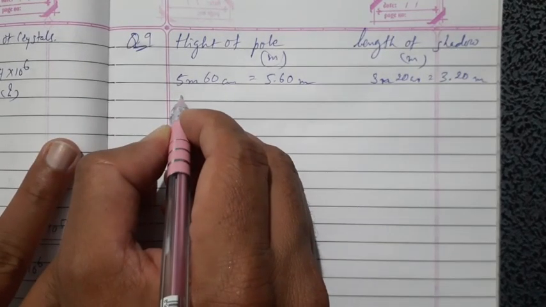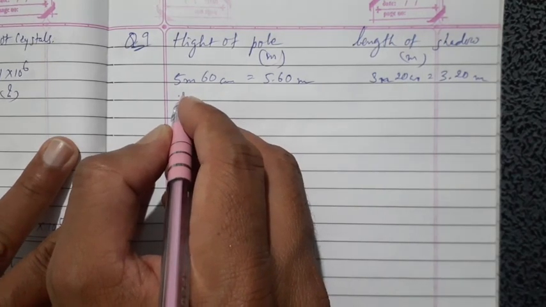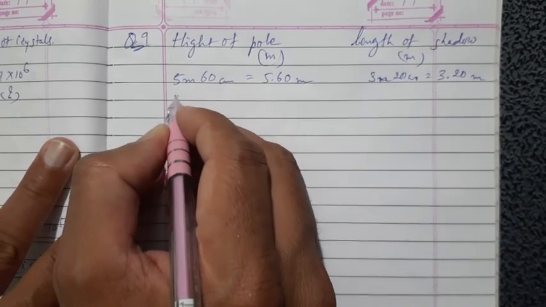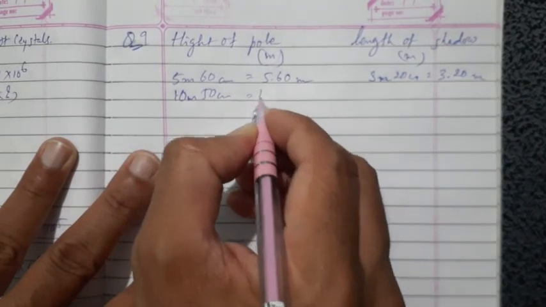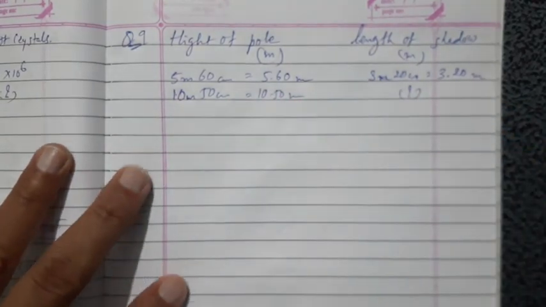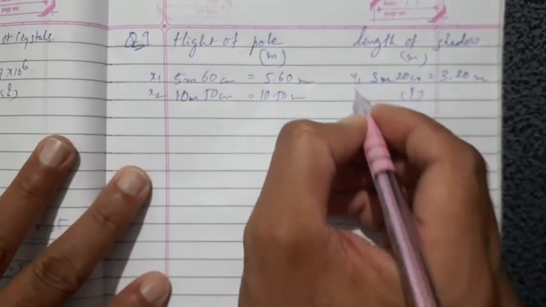Then the first question: the shadow of another pole. The height of the pole is given as 10 meter 50 centimeter, meaning 10.50 meter. You just find the length of the shadow. Okay, x1, x2, y1, y2.